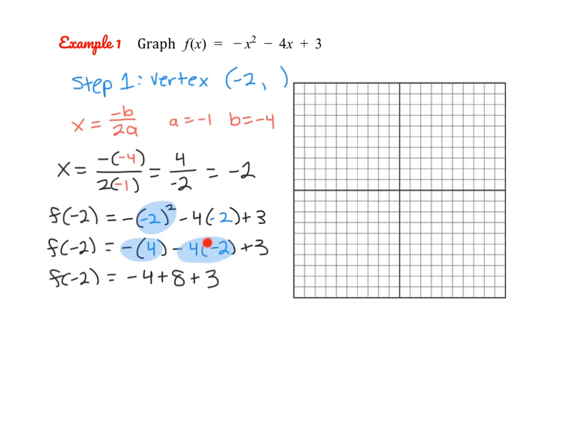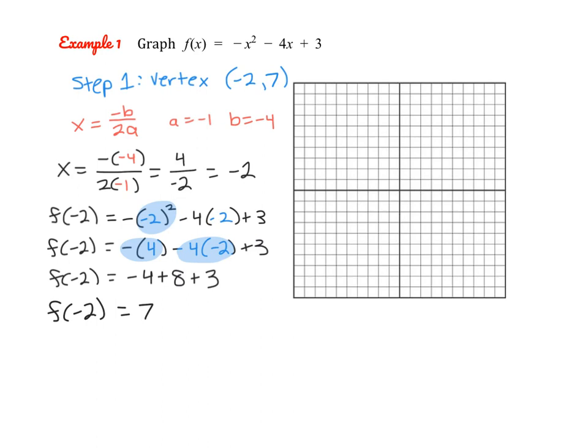Because again here, -4 times -2 is +8. And now we're just going to simplify by adding or subtracting. So -4 plus 8 is 4, plus 3 is 7. So our vertex is at (-2, 7). So when x is -2, y is 7.